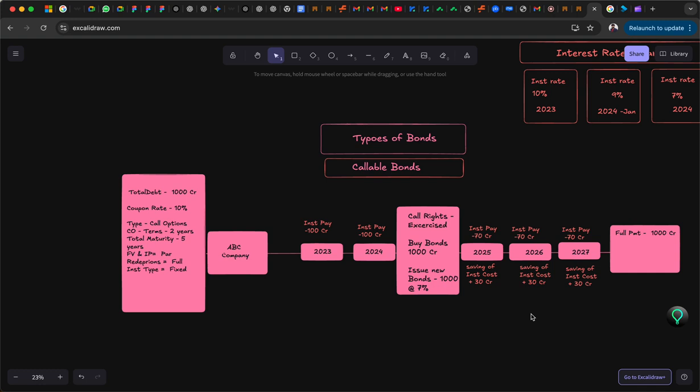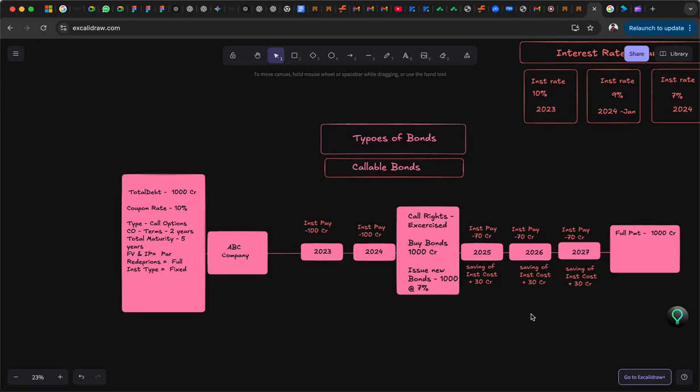So in this case, as a company, you don't need to pay any penny from your pocket. You only pay the 10 crores to raise thousands of crores from the market. You can hire an investment banker. You can hire a merchant banker.